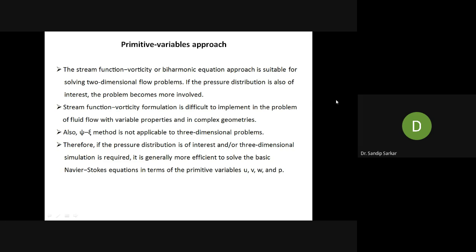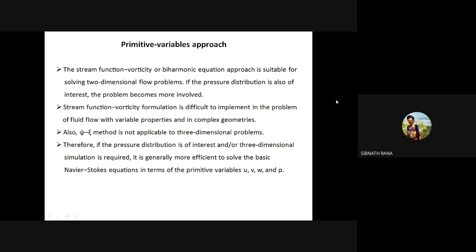Now the question is, if the stream function method is there, why do we use another approach for the solution of the Navier-Stokes equations? Can anybody answer this question? Shivnath, why are you going for this primitive variable approach?